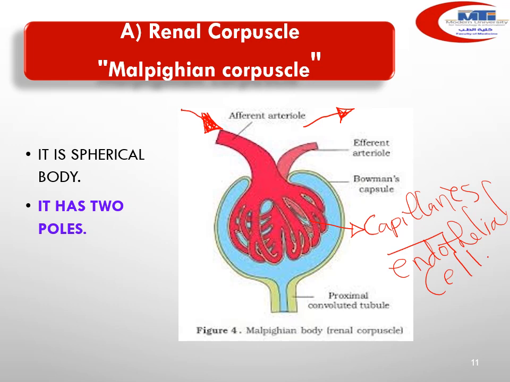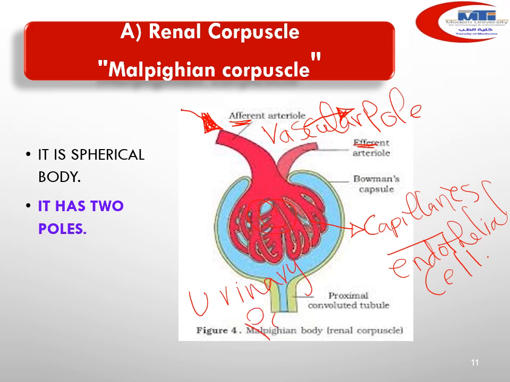Okay, so you have afferent arteriole, efferent arteriole, and blood capillaries in between. This is the vascular pool, and this is the urinary pool.